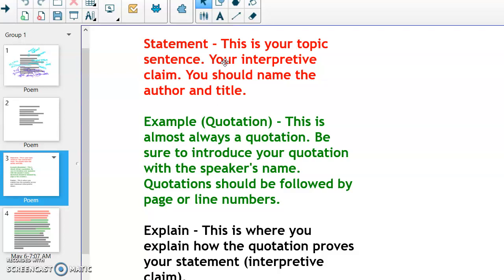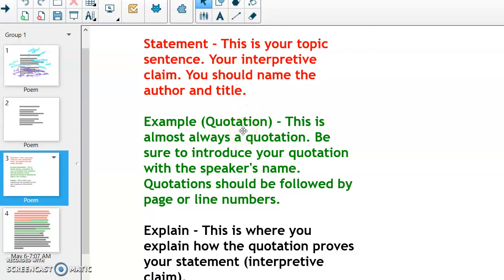It's also not okay to just say it adds detail or it helps us to understand, because then my question becomes, it helps us understand what? Well, it helps us understand the situation. What situation? So you have to make sure that you're being specific. What does the figurative language specifically do in this particular poem? That's what we're getting at. That's an interpretation. So in your statement, you're going to name the author and the title and state your interpretation.